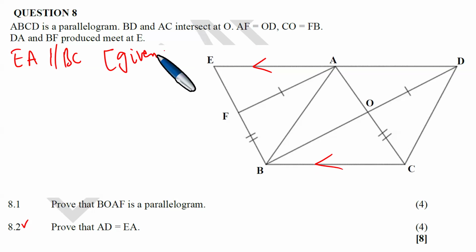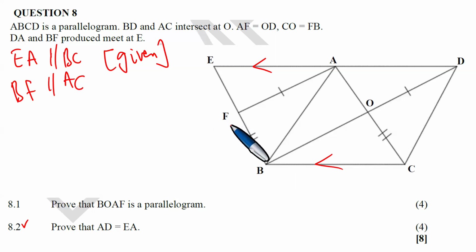Because it is given by dint of the parallelogram. So this is parallel to this because ABCD is a parallelogram. These are extensions, and therefore this is an extension of the side AD, so it's parallel to this. BF is parallel to AC.